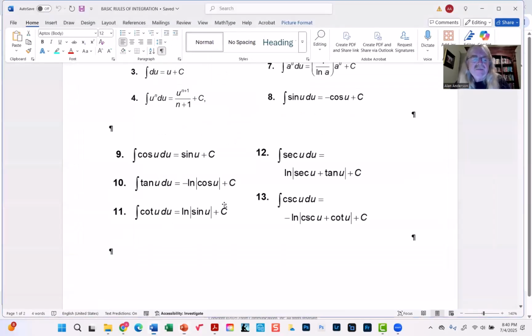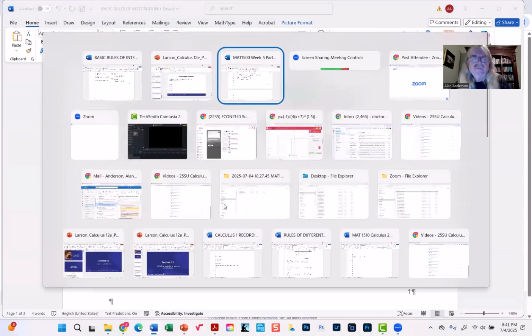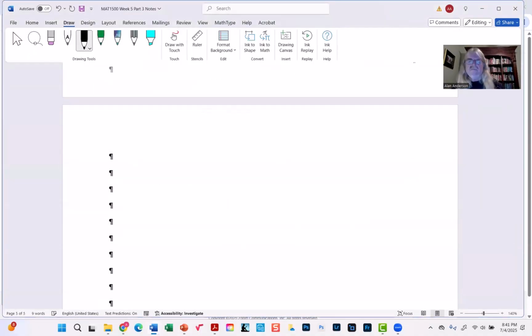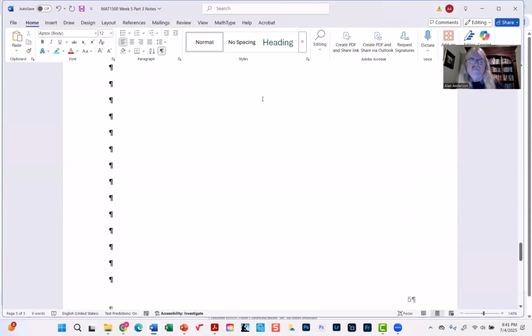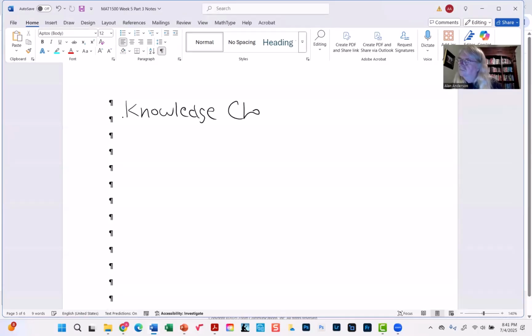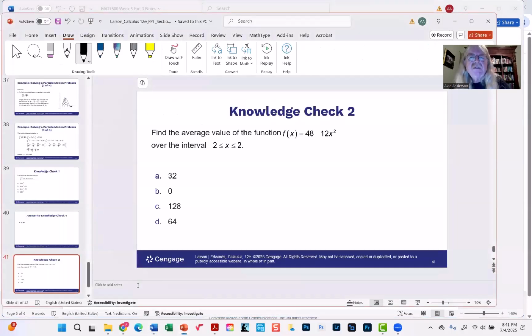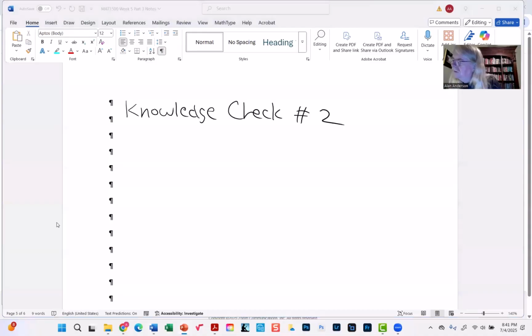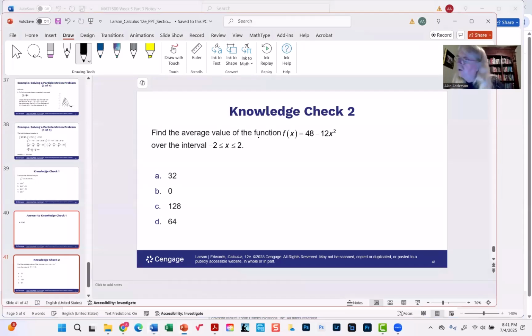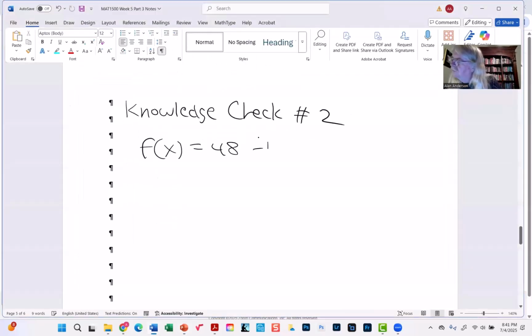Now this one's a little bit different. So what they're asking us to do is take the average value of the function f of x equals 48 minus 12x squared over the interval from -2 to positive 2.